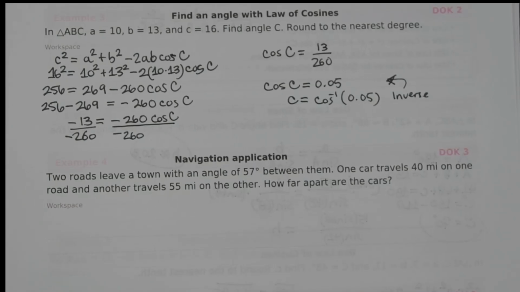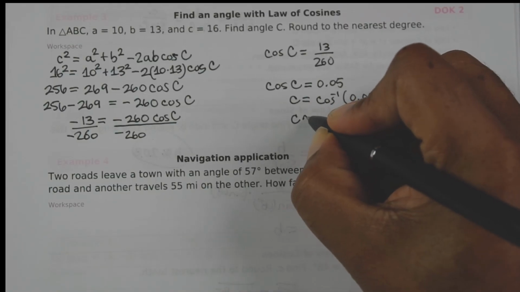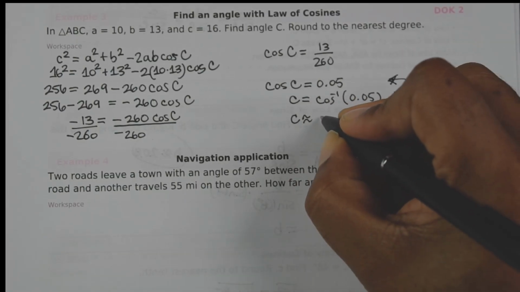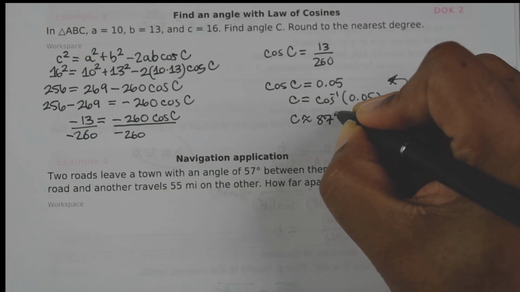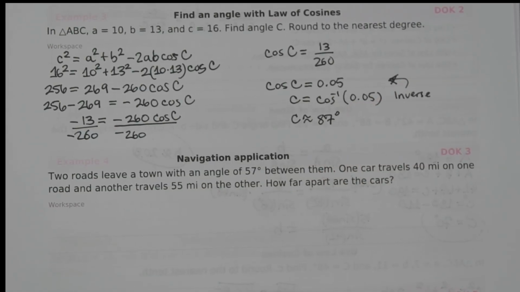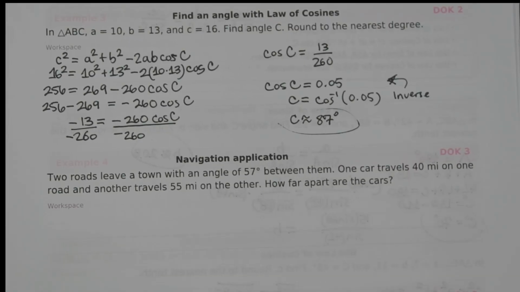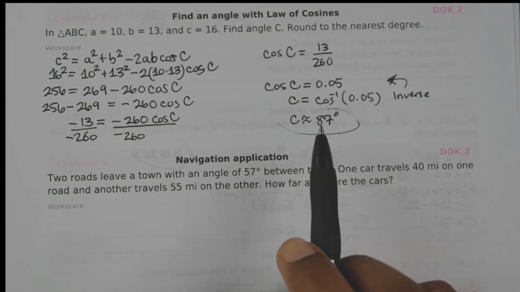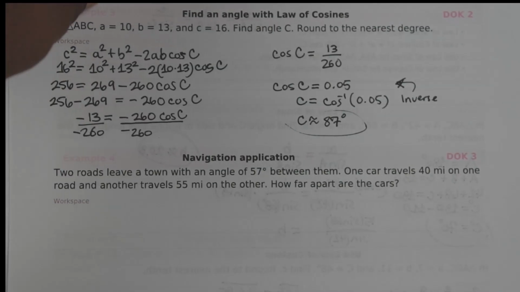Okay. And then we can approximate from there. So C is approximately 87 degrees. Okay. So angle C is approximately this, right?